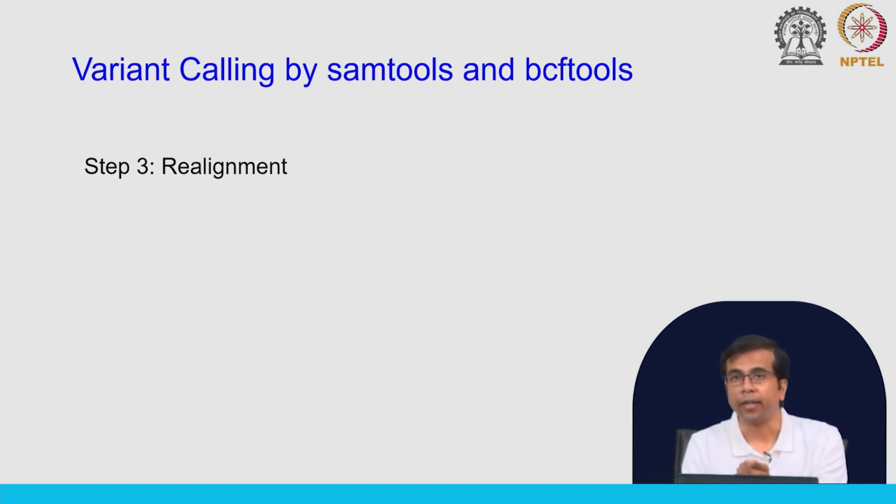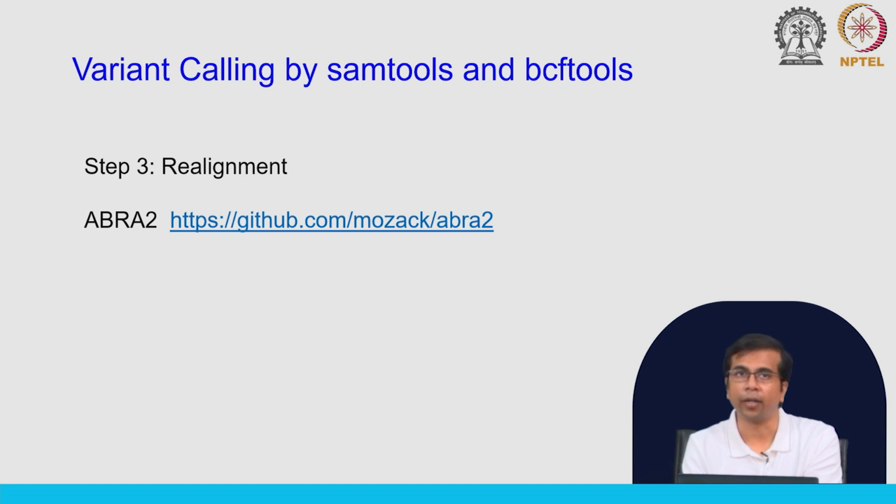So, coming to the next step, which is the realignment. Realignment cannot be done with SAMtools or BCFtools, they do not have any such function, but we can use another standalone tool called Abra2. Here is the link where you will find this package, and you can download and install it. It is very simple, you just download one single file, the compiled version, and you simply run it.